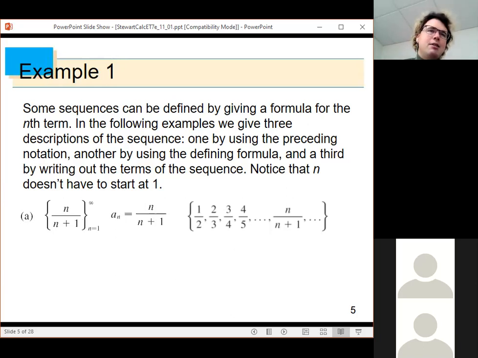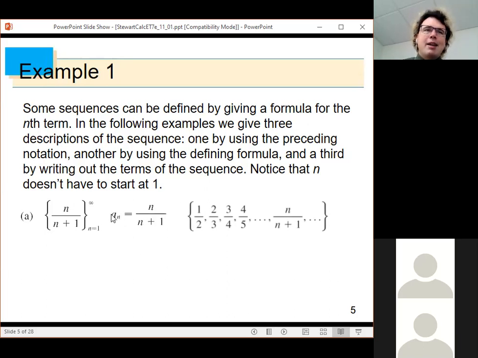And the first entry is going to be 1/2, 1 divided by 2. The second entry is going to be 2/3. And I know that if I want the number on this list at position n, whatever integer n is, that fraction will be n divided by n plus 1.